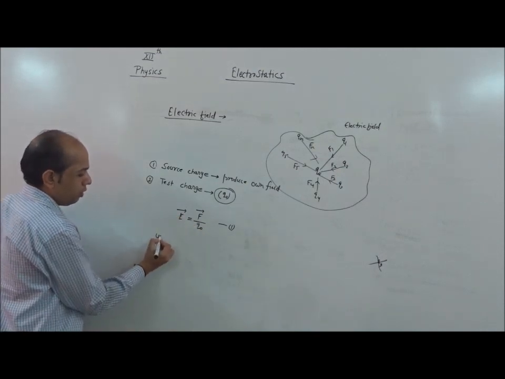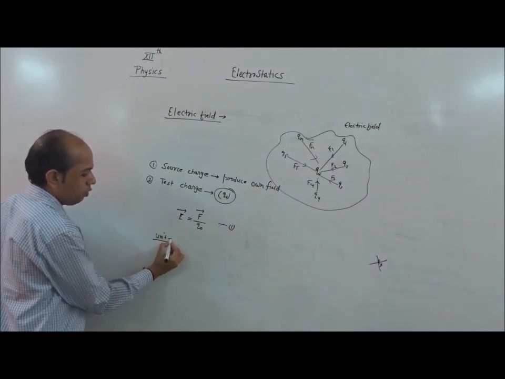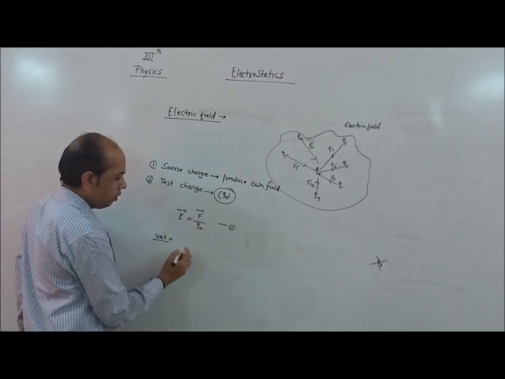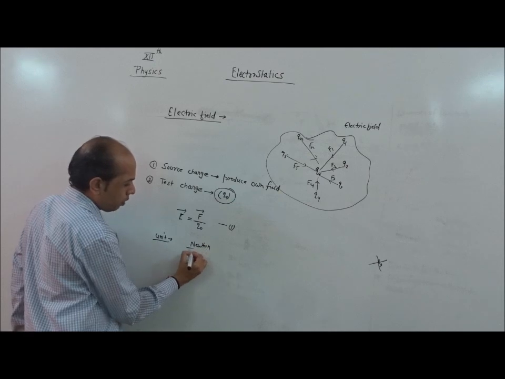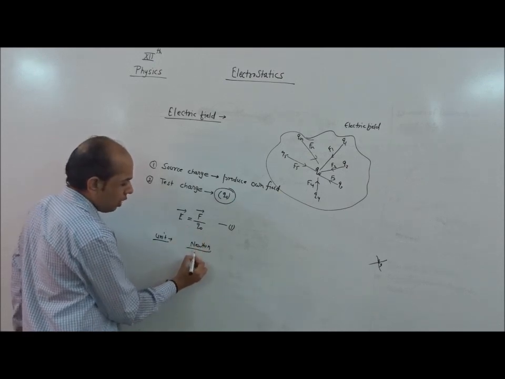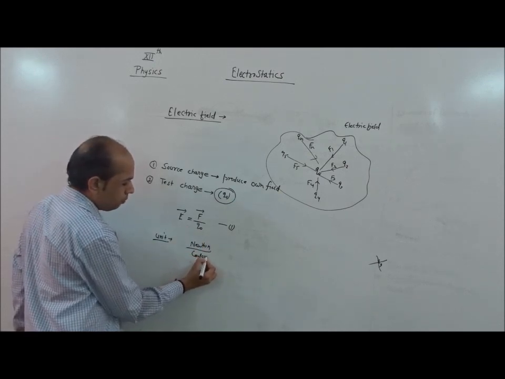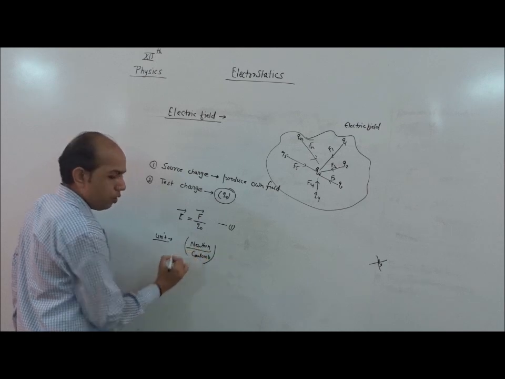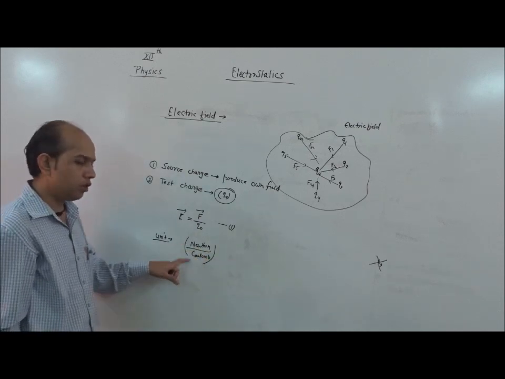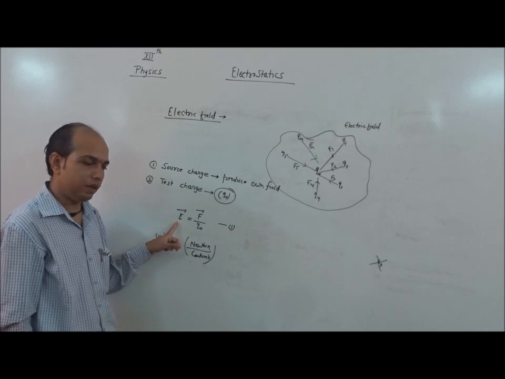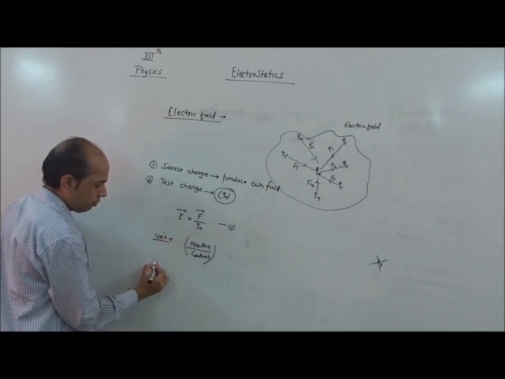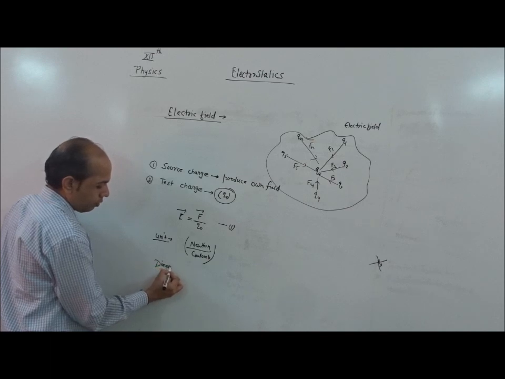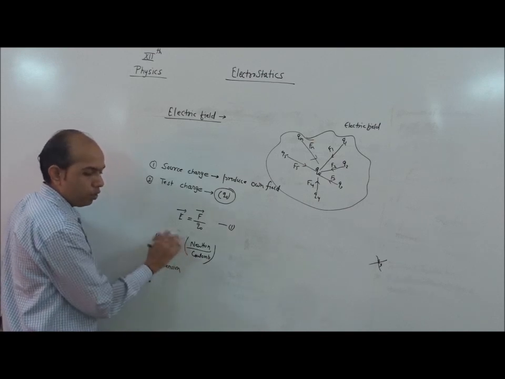Now we come to the unit. What is the unit of electric field? The unit of force is Newton, and charge is Coulomb. So Newton per Coulomb is the unit of electric field. Second, we come to the dimension.